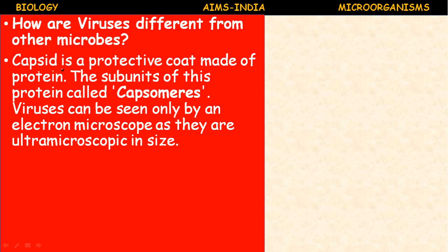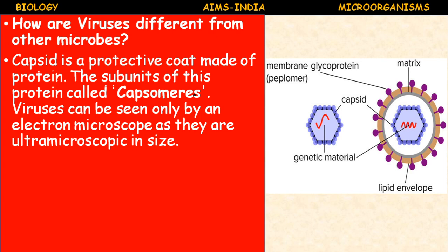This capsid is a protective coat made of proteins. The subunits of this protein are called capsomeres. Viruses can be seen only by an electron microscope. Why? Because they are ultra microscopic in size, very, very small in size.